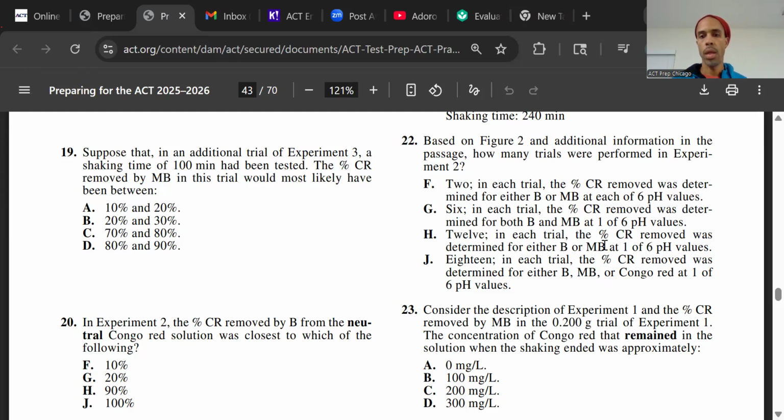In each trial, the percent CR removed was determined for either B or MB at one of six pH values. I think it is actually H, because the question says, based on figure two and additional information in the passage, how many trials were performed in experiment two? It wasn't two trials, it was 12.